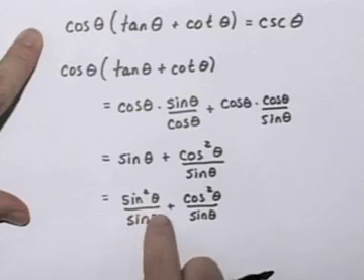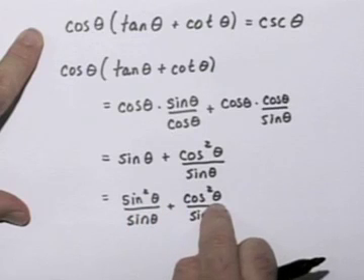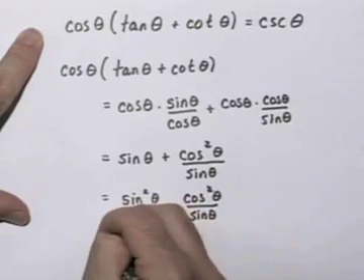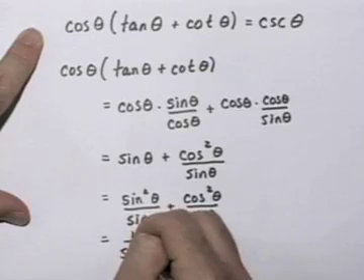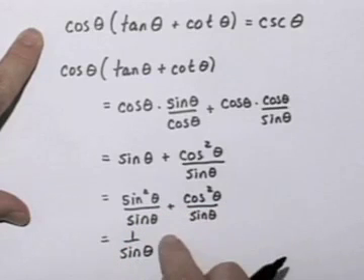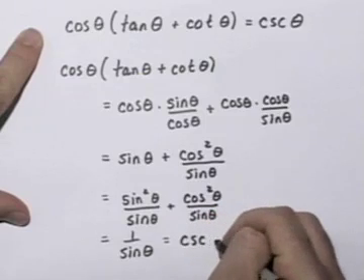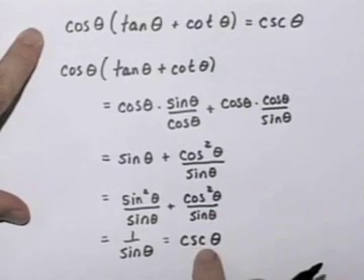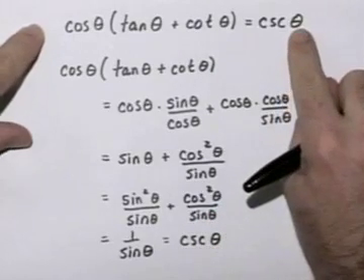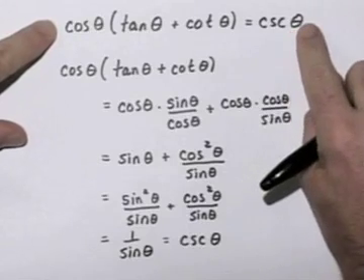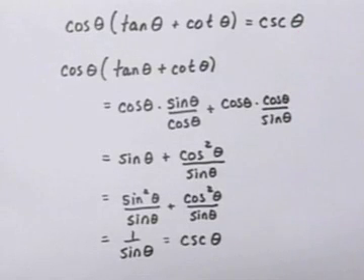Well, sine squared of theta plus cosine squared theta is 1, so this result is 1 over sine of theta, and 1 divided by the sine of theta is the cosecant of theta. Because this is the expression on the right side of the original equation, we have established this identity.